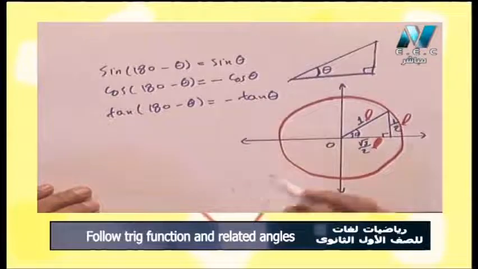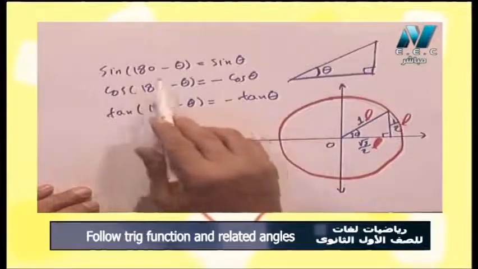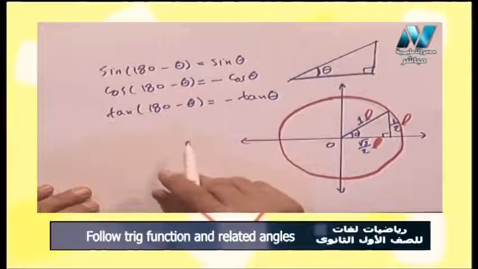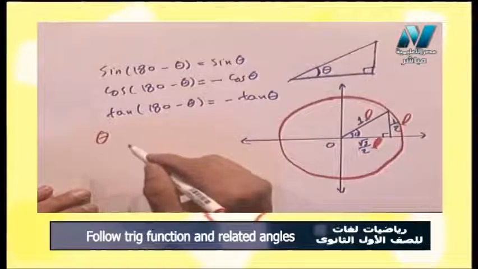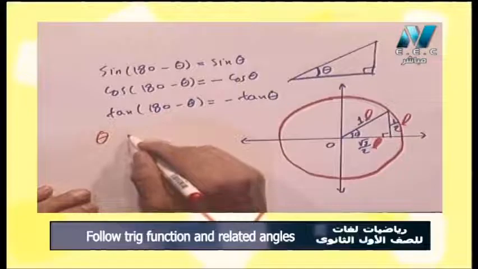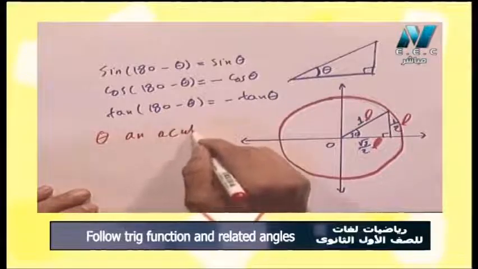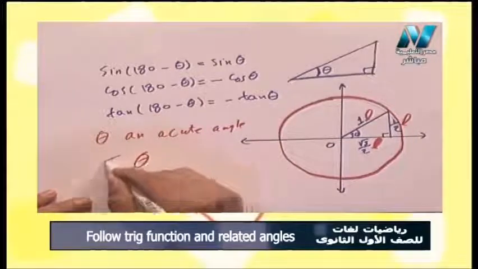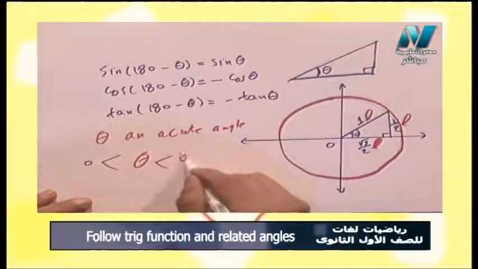So now we deduce that sine of 180 minus any angle theta, and pay attention that theta is an acute angle. What is an acute angle? An acute angle is that theta is between 0 and 90 degrees.